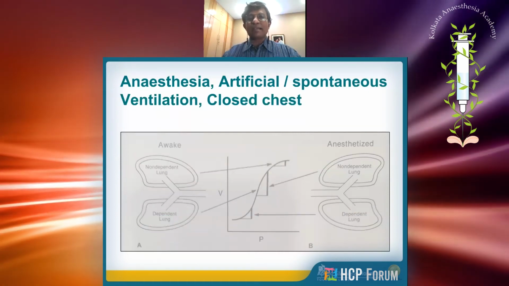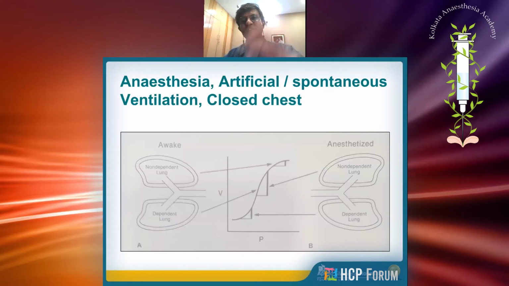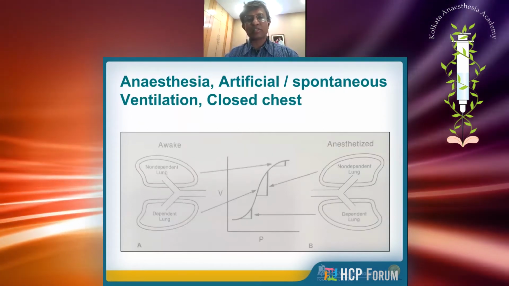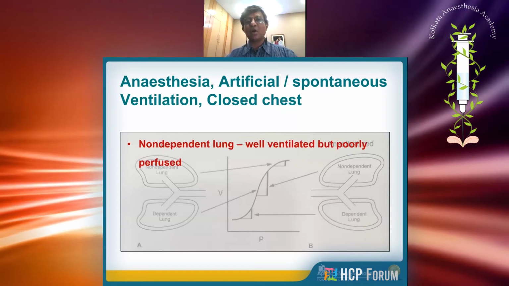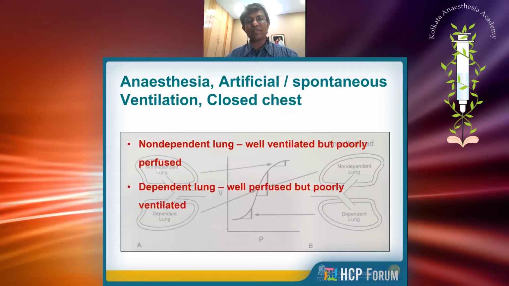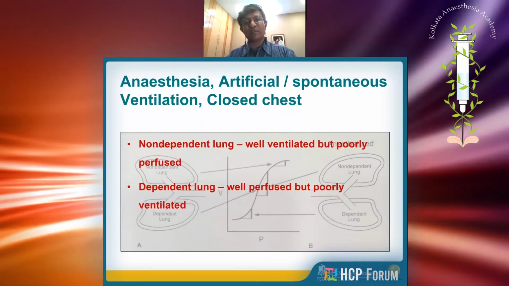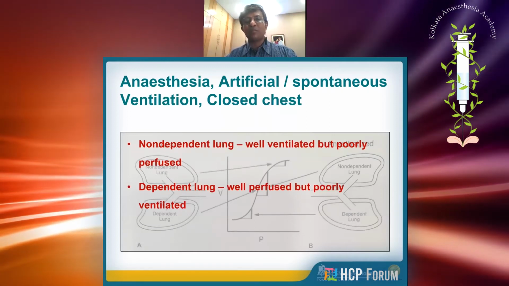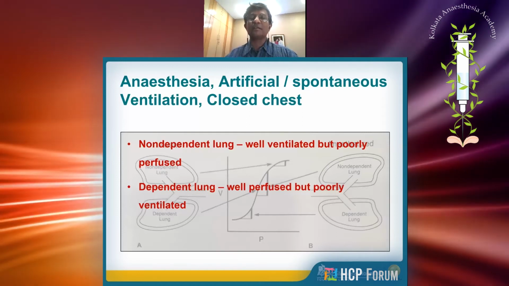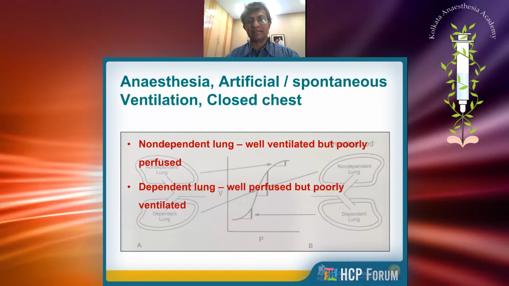So to summarize, whether they are artificially ventilated or spontaneously breathing in a closed chest under anesthesia, the non-dependent lung is well ventilated but poorly perfused, and the dependent lung is well perfused and becomes poorly ventilated, more so if it is after giving a paralytic agent.